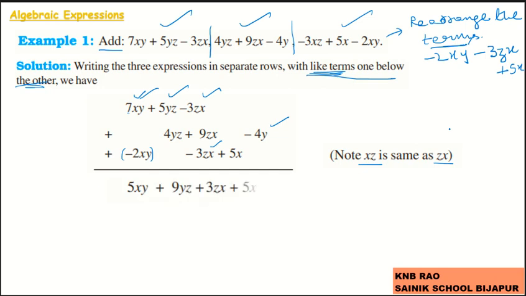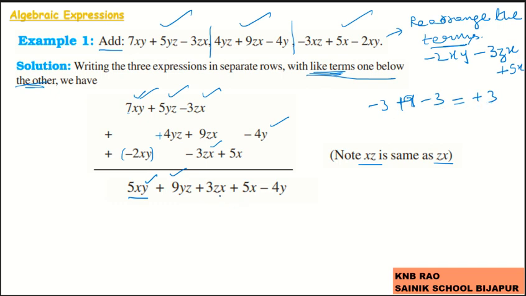Now the solution is 5xy, then 5yz and 4yz, both with a plus sign, so we will have plus 9yz. Then minus 3zx plus 9zx minus 3zx. Here in total I have minus 3 plus 9 minus 3. Put together, minus 3 minus 3 is minus 6, and 9 minus 6 is plus 3.